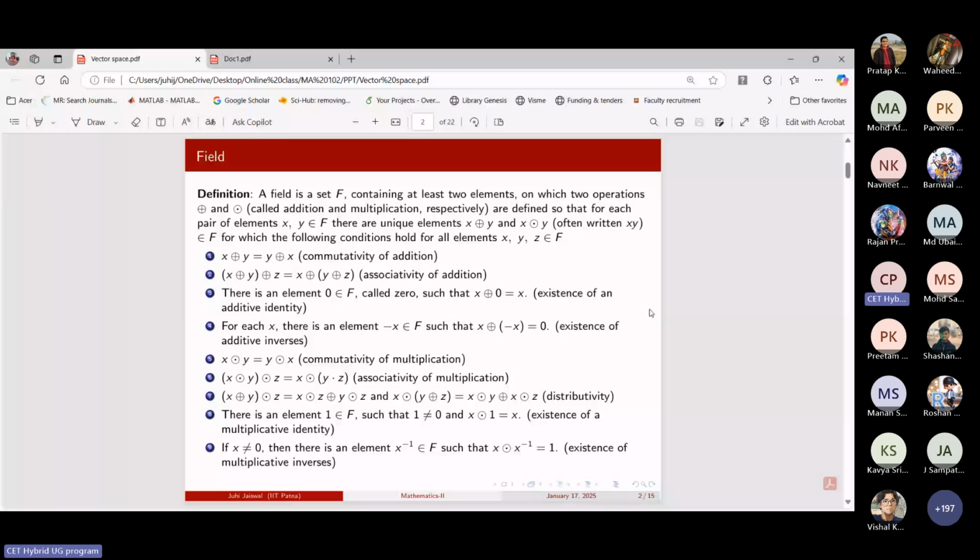What I am saying is, a set is basically a field if it contains at least two elements, with two operations. One is known as addition, the second one is known as multiplication. These operations are defined so that whenever we take two elements x, y in this field F, then x plus y and x dot y are defined and belong to that set F only.